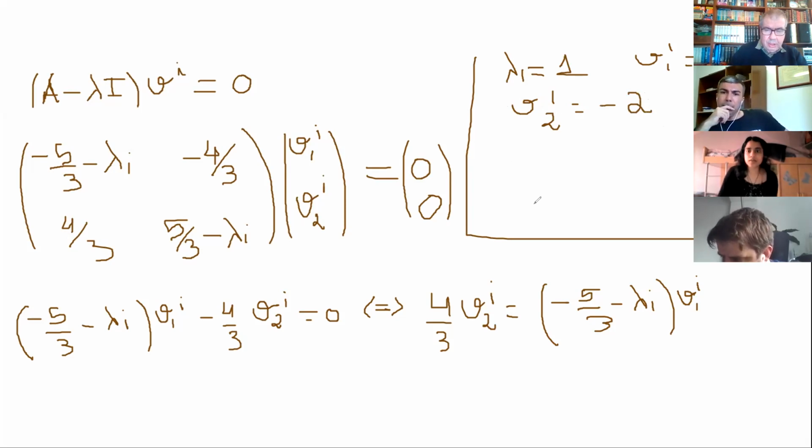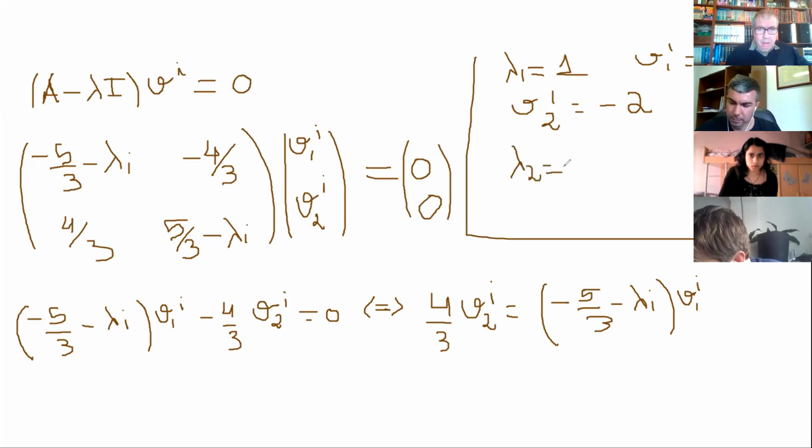And for minus 1, it is minus 3 divided by 3. So that's minus 8 divided by 3, and then you multiply by 3 and divide by 4, that's minus 2.